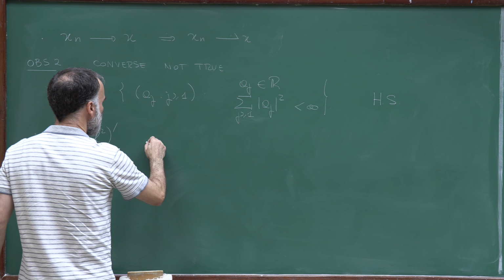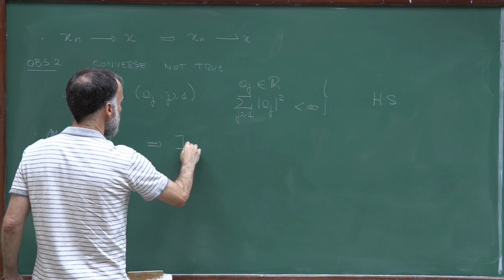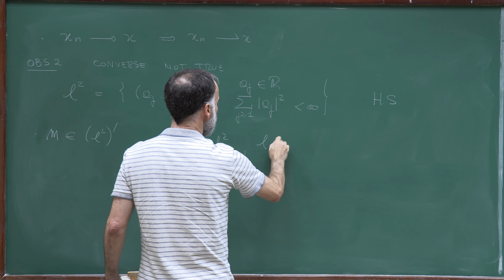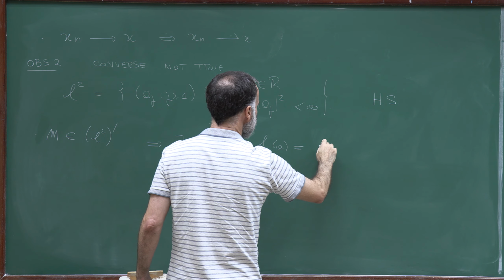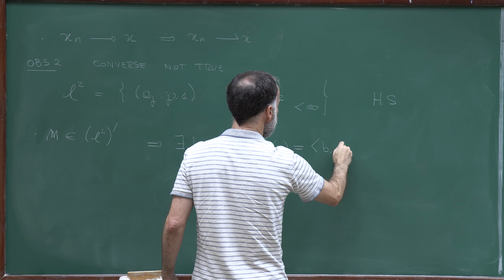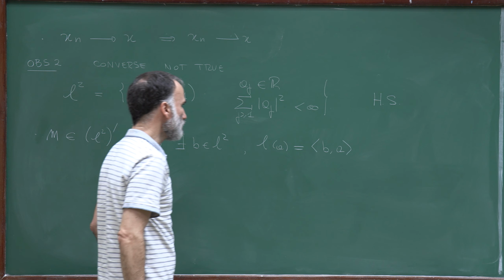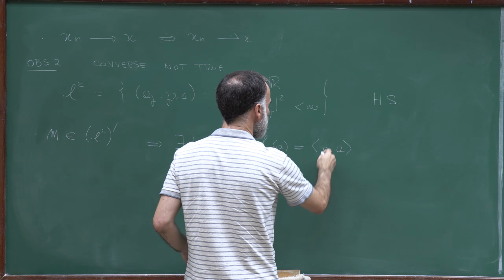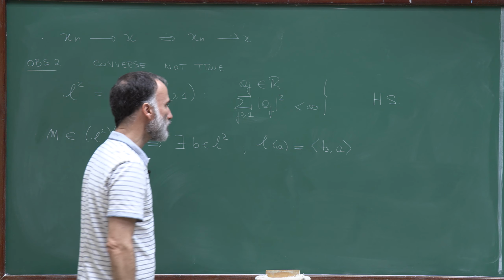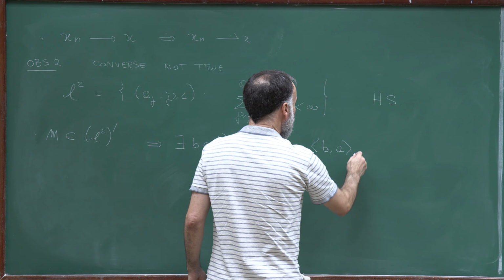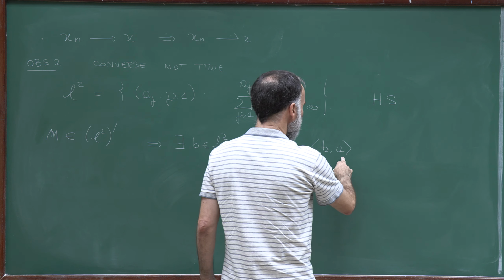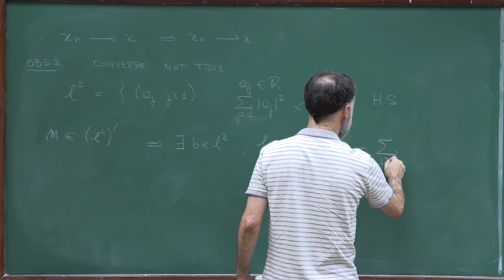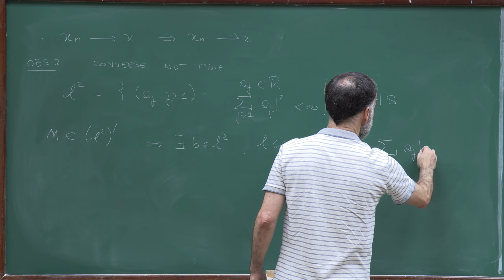We know that there exists B in L2 such that M of A is equal to the scalar product of B with respect to A. Here we are in real space, so I don't care about the order. And remember that the scalar product is defined as the sum of AJ times BJ.